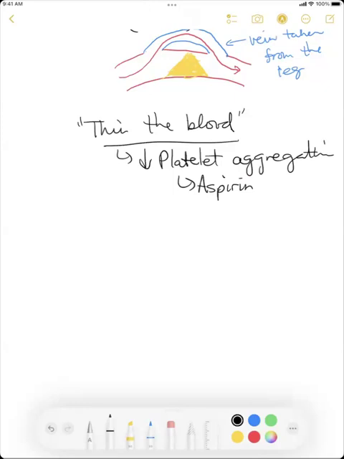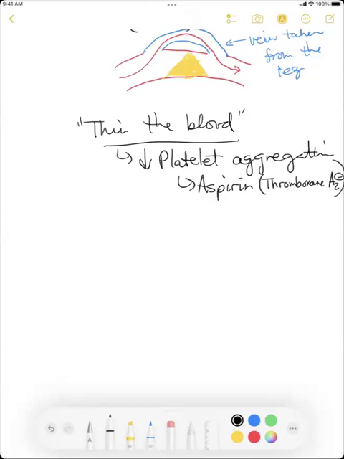The mechanism of that is it blocks a specific molecule called thromboxane A2, and thromboxane A2 is an essential factor in platelet aggregation. The dose required to inhibit thromboxane A2 is much lower than the dose you require for the anti-inflammatory effect.